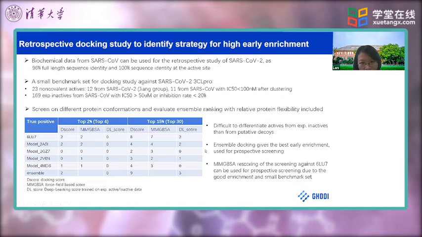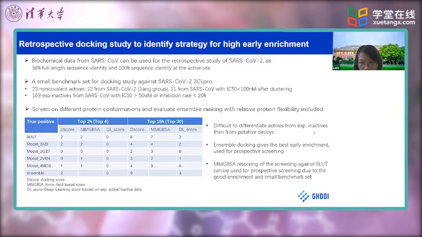Overall, we see that ensemble docking based on the docking score gives the best early enrichment. We will use that for prospective screening. Another observation is that it is relatively difficult to differentiate actives from experimental inactives, compared to benchmark studies that differentiate actives from putative decoys, because putative decoys usually have similar physical chemical properties, like molecular weight and C-log-P, but have different topology.